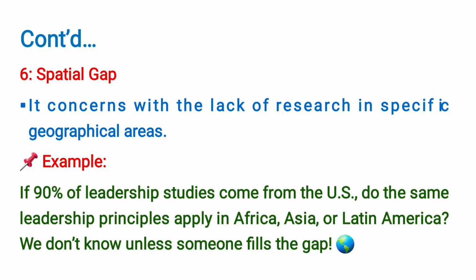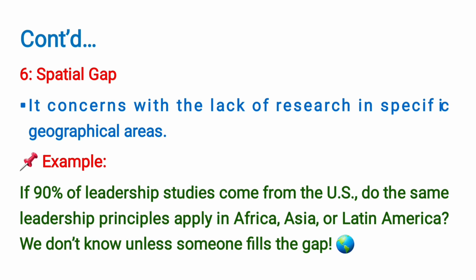For example, if 90% of leadership studies come from the US, here you should ask yourself, do the same leadership principles apply in Africa, Asia, or Latin America? We don't know unless someone fills the gap. So if you see research focused on one region, apply the same study to a different country or culture. There is an instant research opportunity.